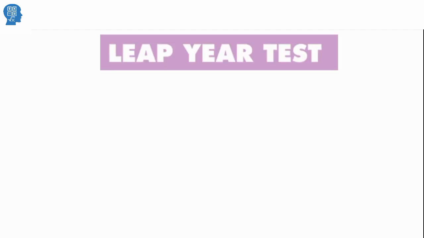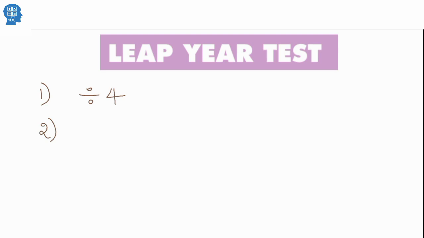Next, how to identify a leap year? Leap year test. First we have to know the year which is divisible by 4. The year which is divisible by 4 is said to be a leap year. But the year which is called a century.